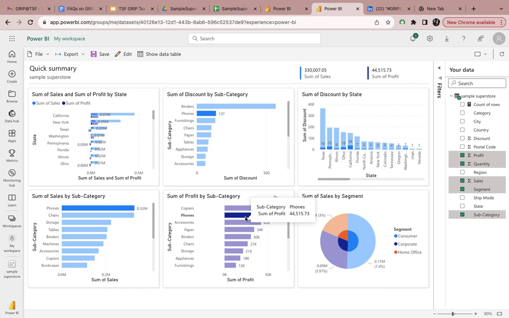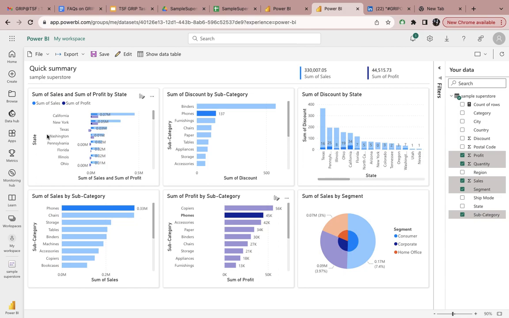As we can see, the profit of phones is pretty high, and the number of phones sold is the highest among our superstore categories. If we see the correlation between discount and sales, for example, the discounts in the state of California for the phones is the highest.